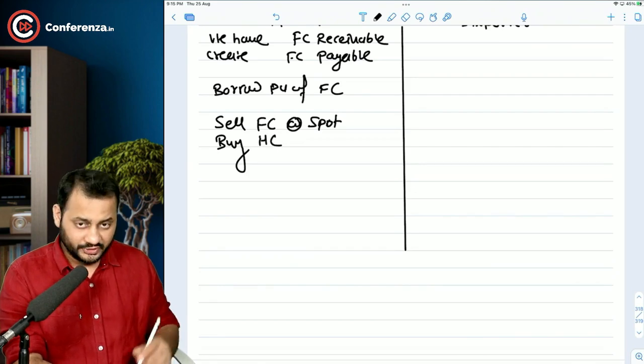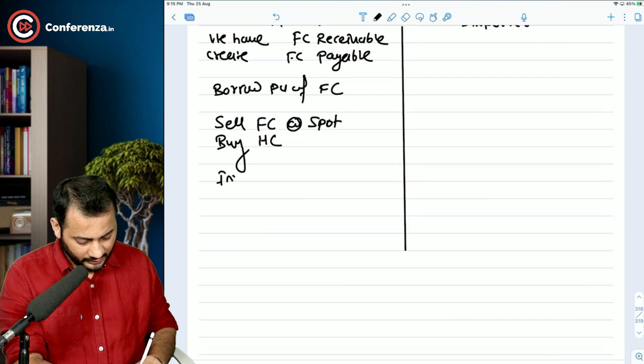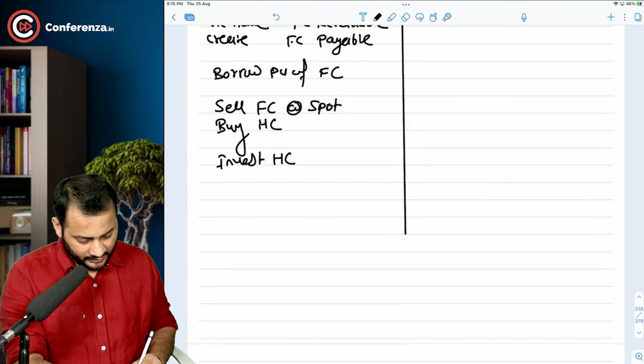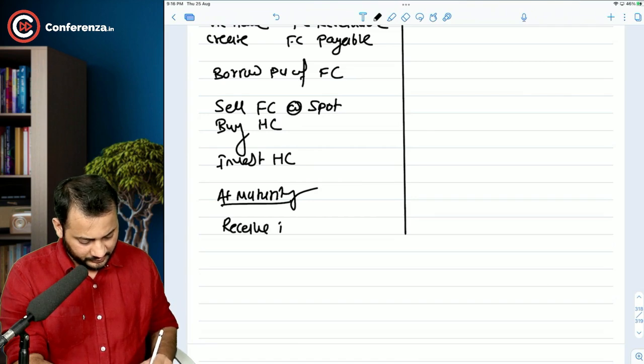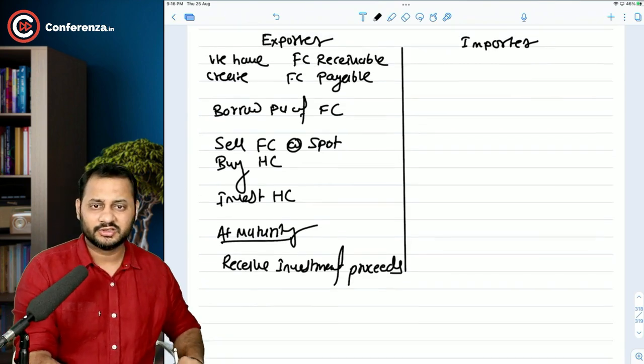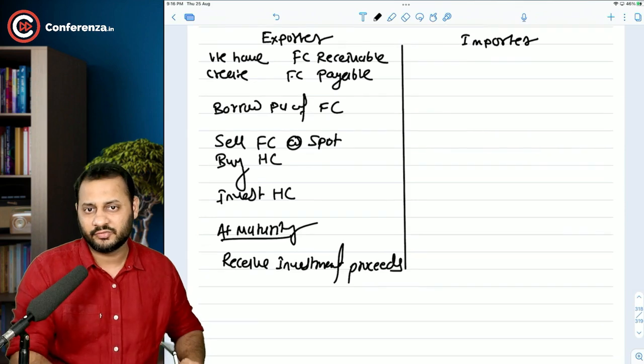Once you bought the home currency, invest home currency, and at maturity receive investment proceeds. That's it. These are the only transactions required every time in case of exporter.